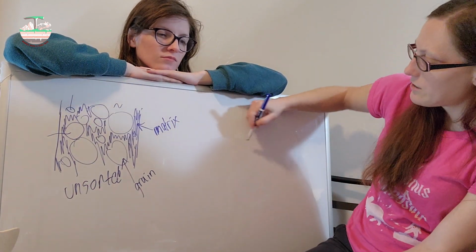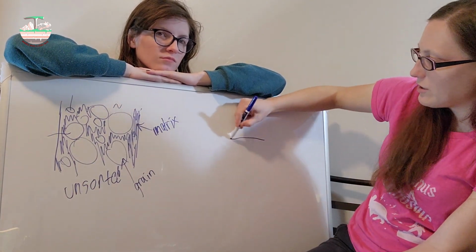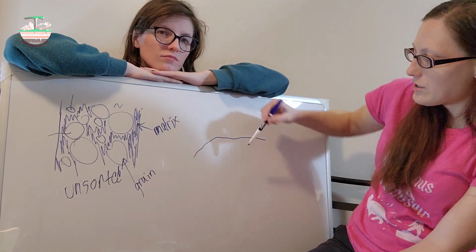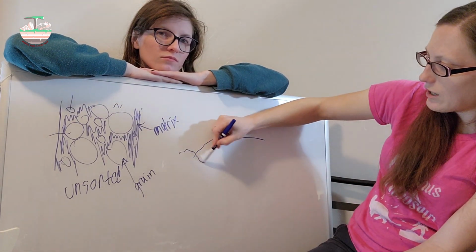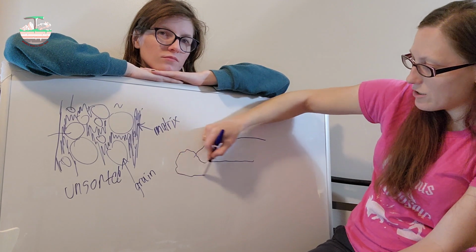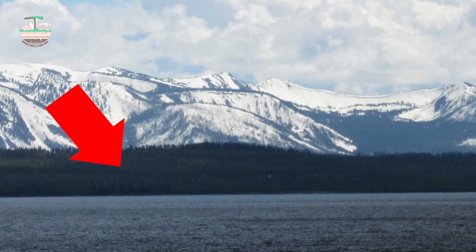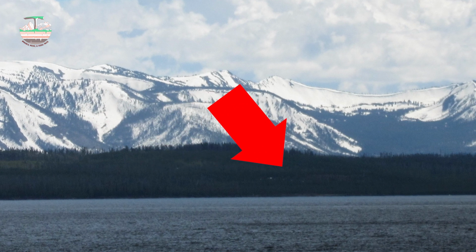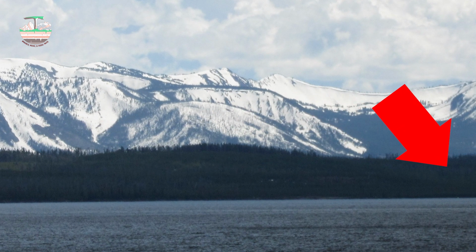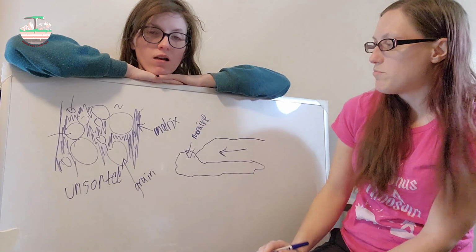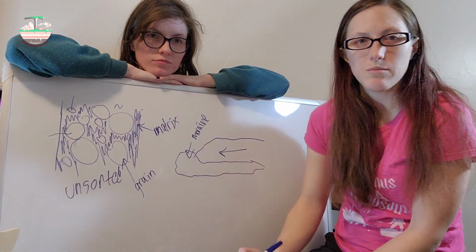Because glaciers, when they push through, so here's our glacier, they're just gonna push all of that rock ahead of them and just kind of make a jumbled mess. So we have what we call a moraine. And literally, our glacier going this way is just shoving all that rock and making a big pile of mess.